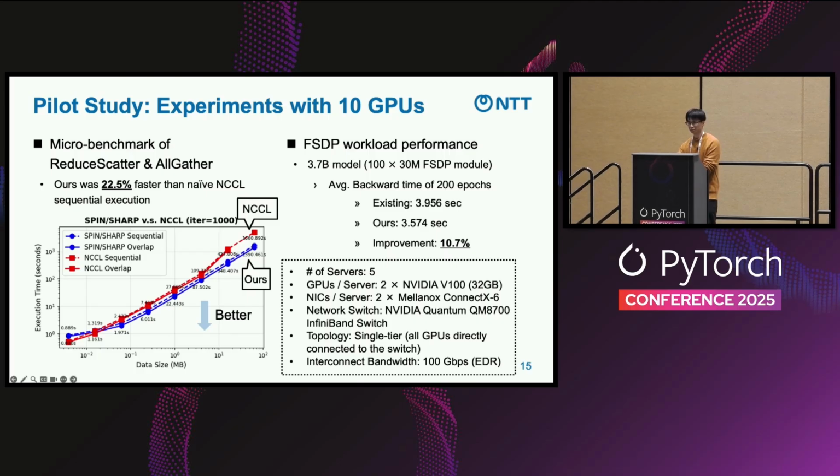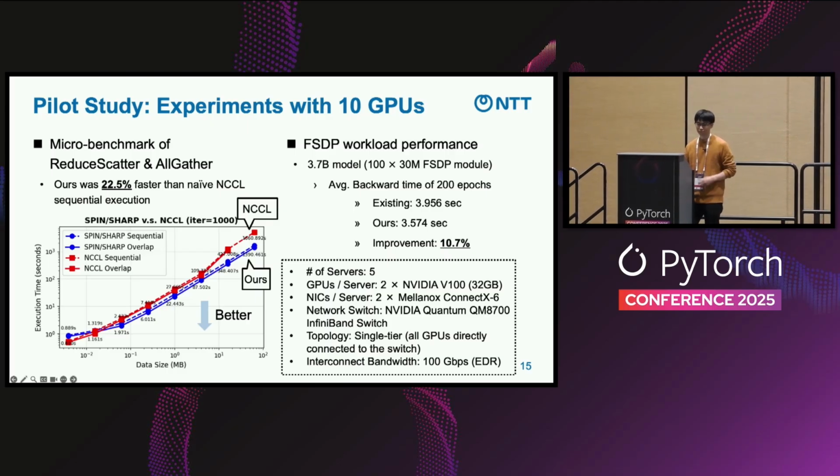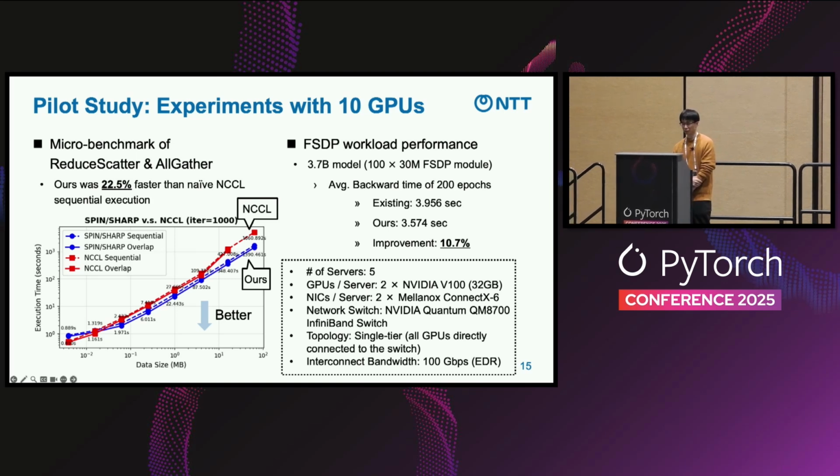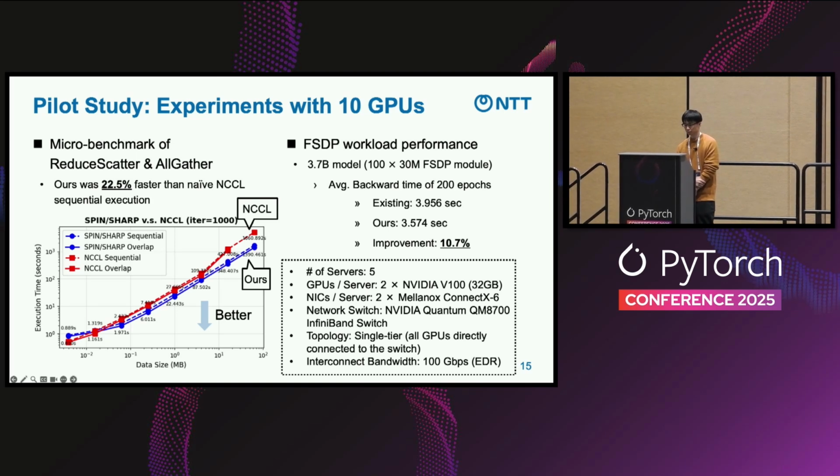I have a similar question. Does this work for other parallelism techniques like data parallel or model parallel? Yeah, yes. This technique is orthogonal to the other parallel strategies, for example, pipeline and data parallel and so on.